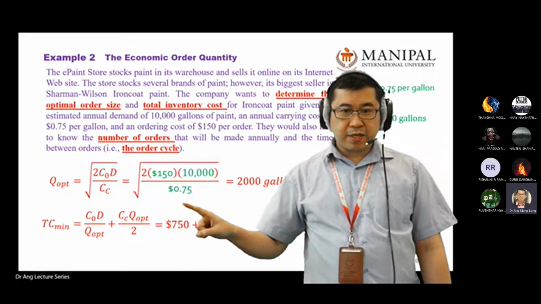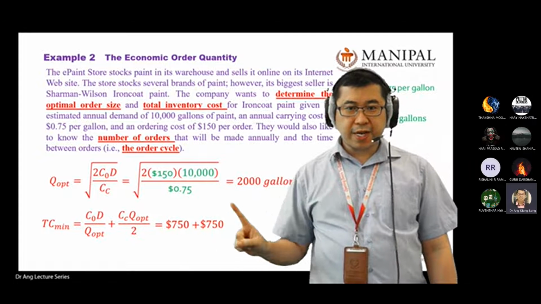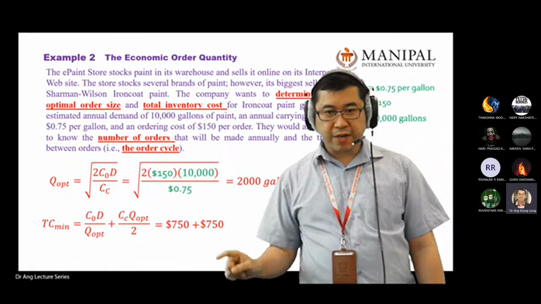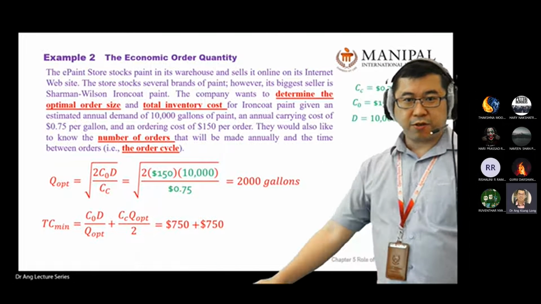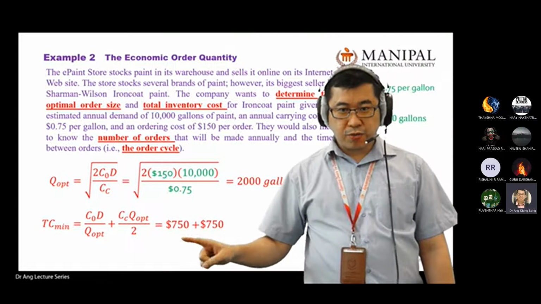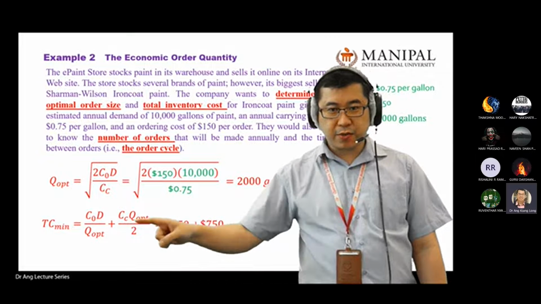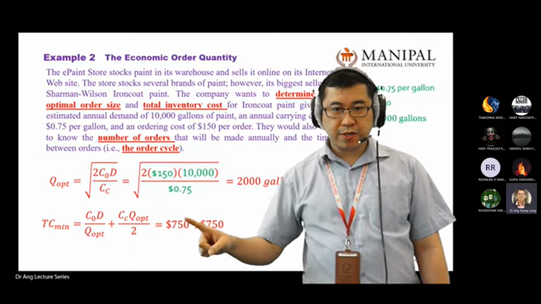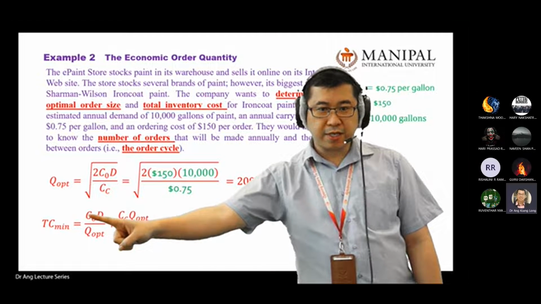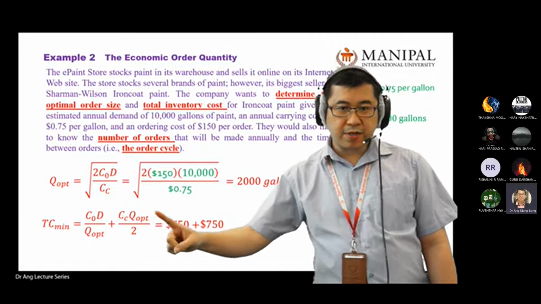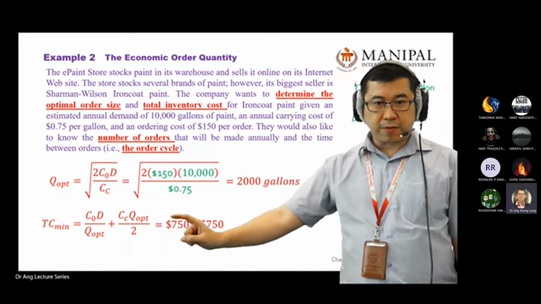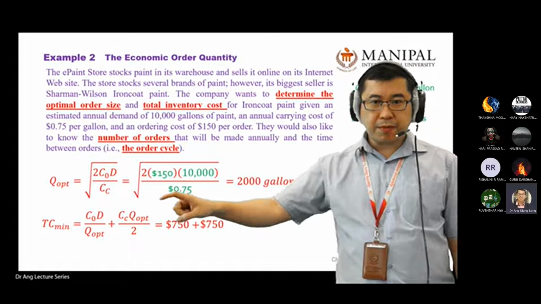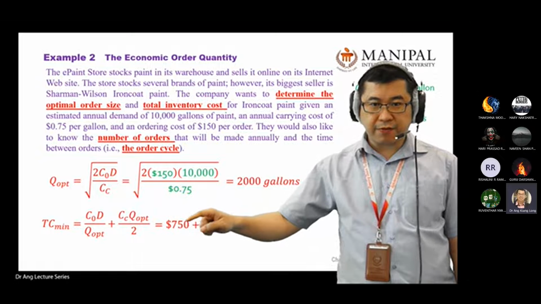The total cost has two components, order cost and carrying cost. From this equation alone, you can know what your carrying cost is. So minimum order cost is 750.